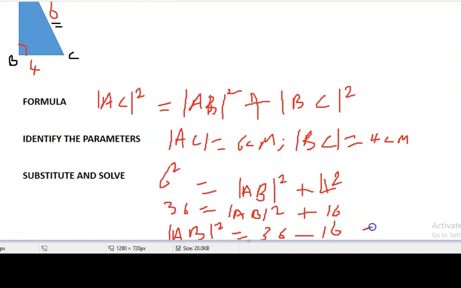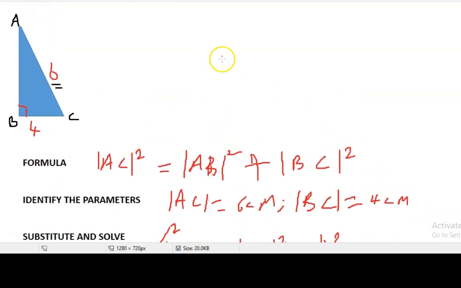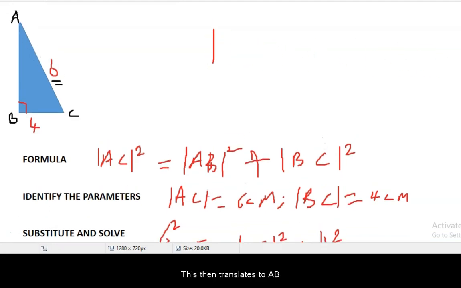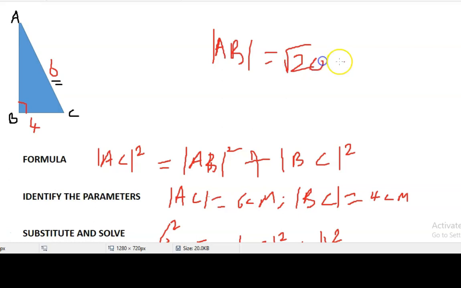This gives us 20. This is AB square, not AB. To find AB, we take the square root of both sides. This will translate to AB equals the square root of 20 centimeter. Whatever that is.